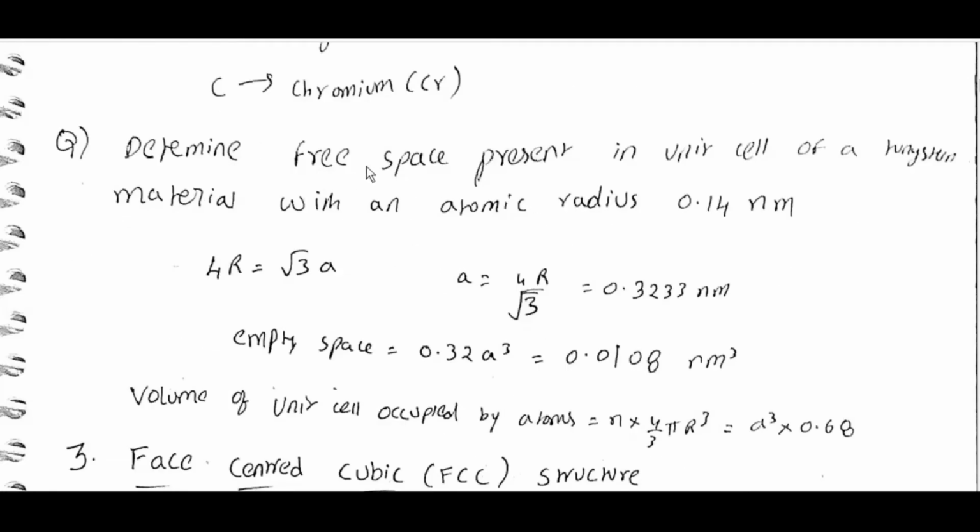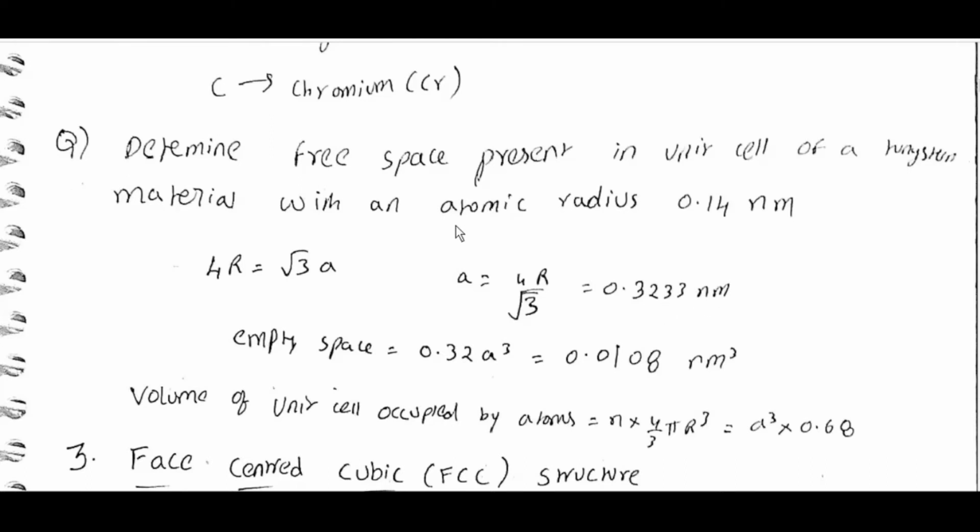Question: determine the free space present in a unit cell of tungsten material with an atomic radius of 0.14 nanometer. First we have to identify that tungsten is in BCC structure. So 4r is equal to root 3 a, a is equal to 4r by root 3. We will get a as 0.3233 nanometer.